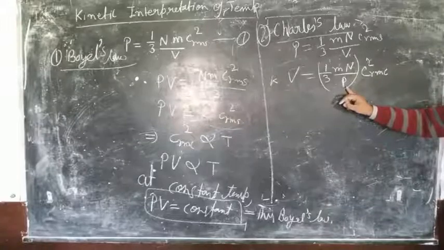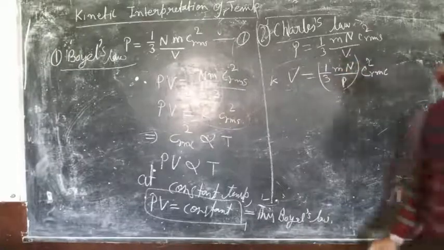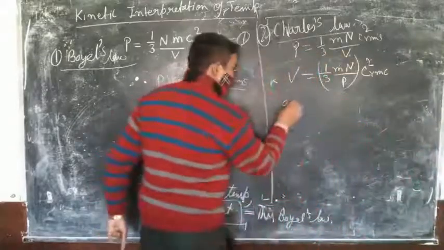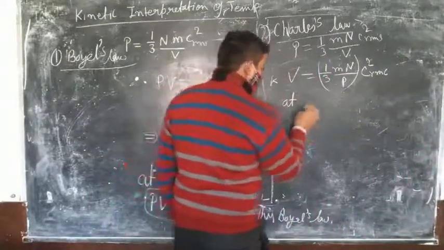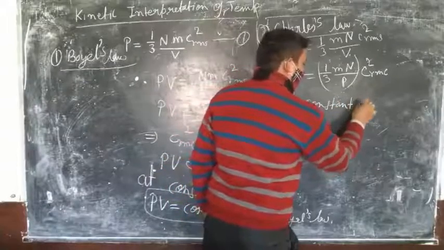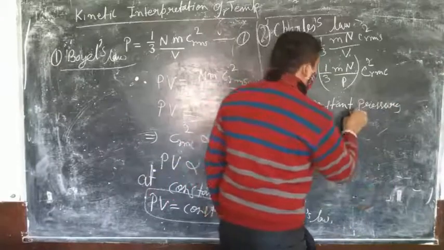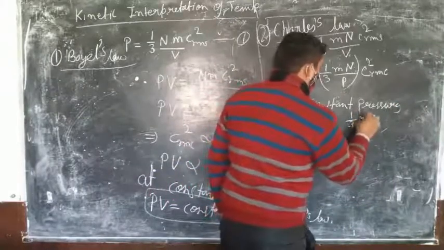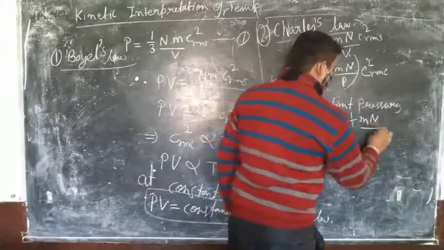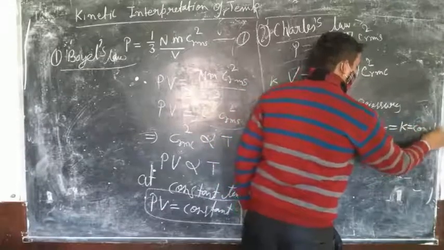At constant pressure, these are all constant. So at constant pressure, 1 by 3 m N upon P is equal to K, that is a constant.